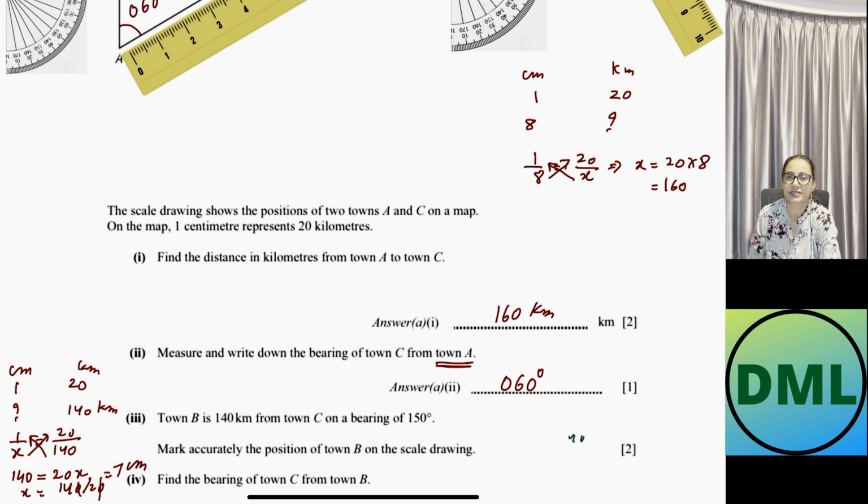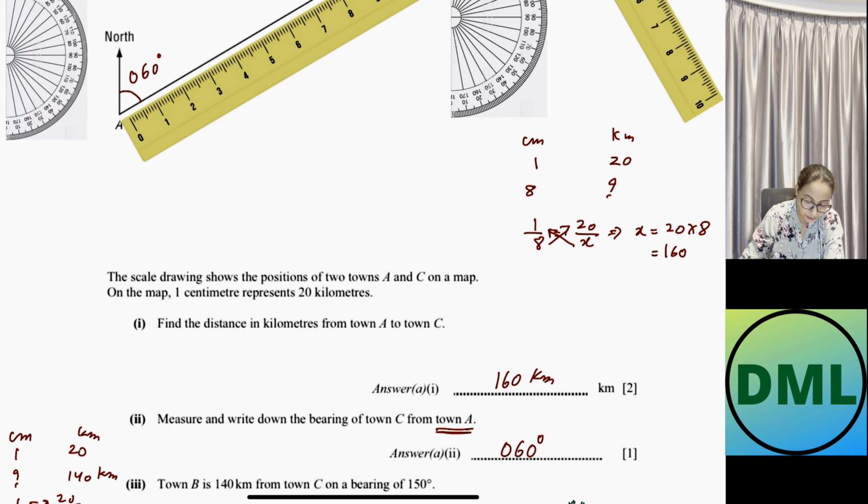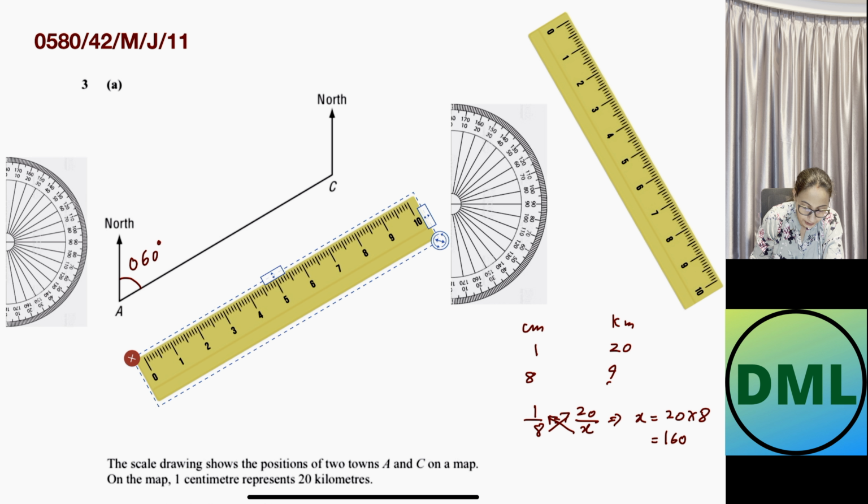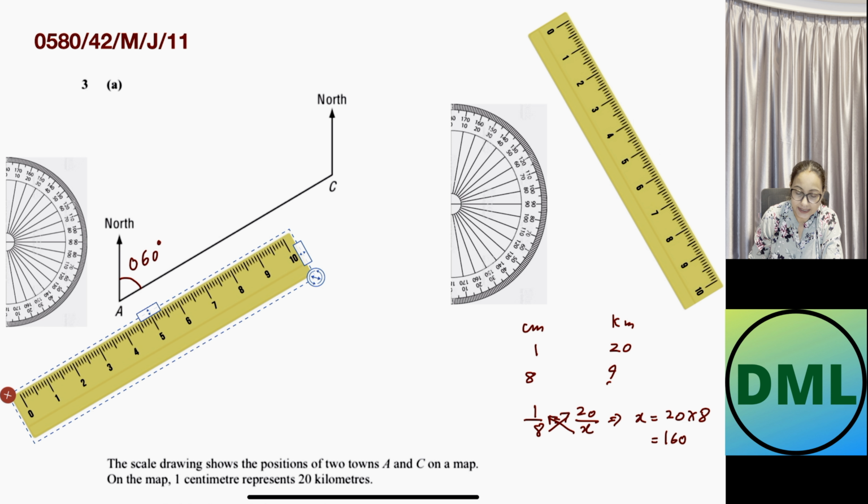I need to plot 7 centimeter, and this position is town B, but town B is at a bearing of 150 from town C. From town C, I need to draw the north at town C. In the diagram, they already plotted the north at town C. I need to plot 150 degrees here.